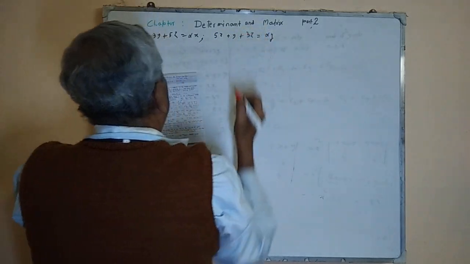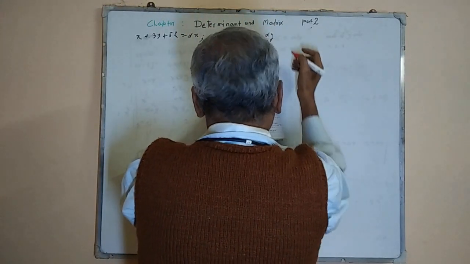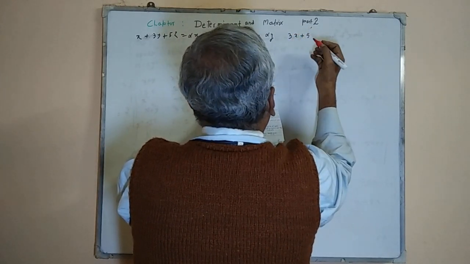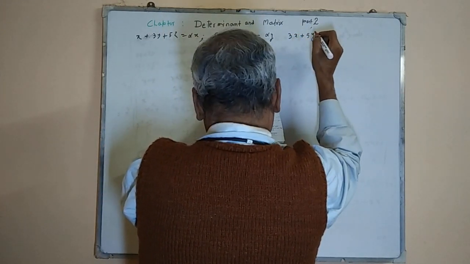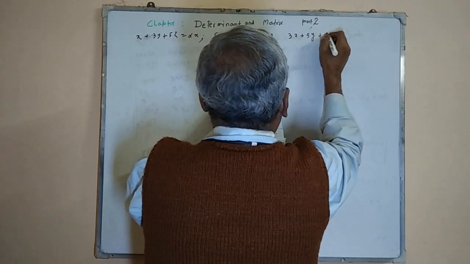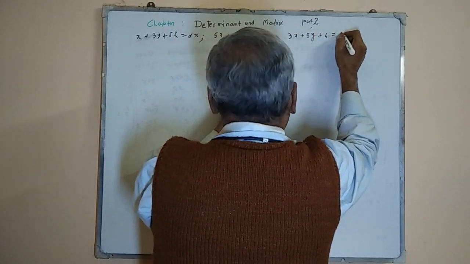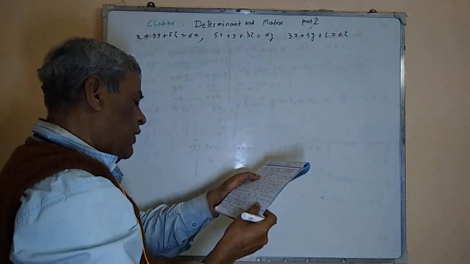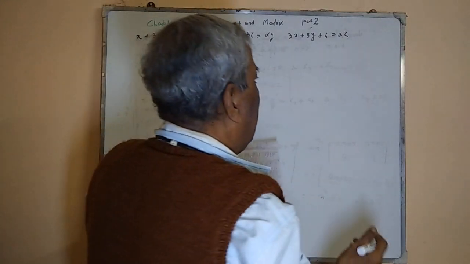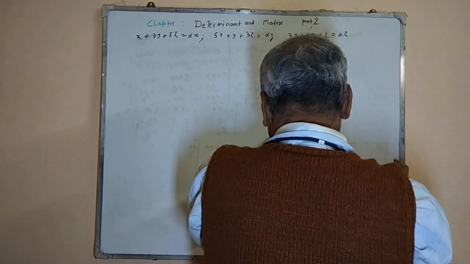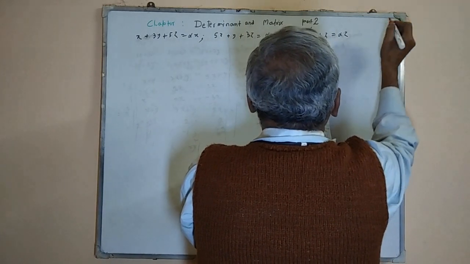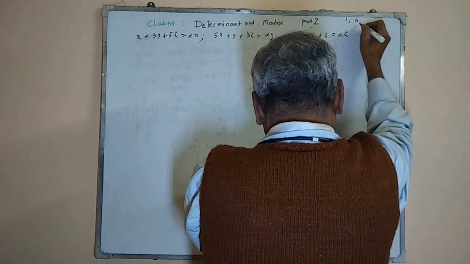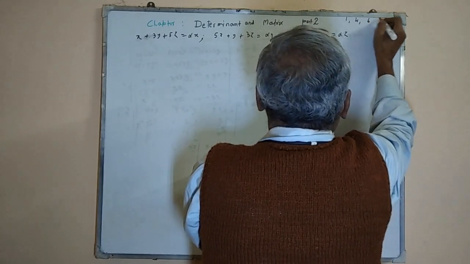And third equation is 3x plus 5y plus z is equal to alpha z has an infinite number of solutions, and the options are, the values of alpha are 1, 4, 6 and 9.